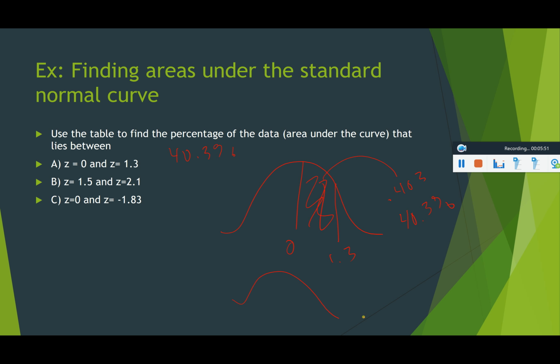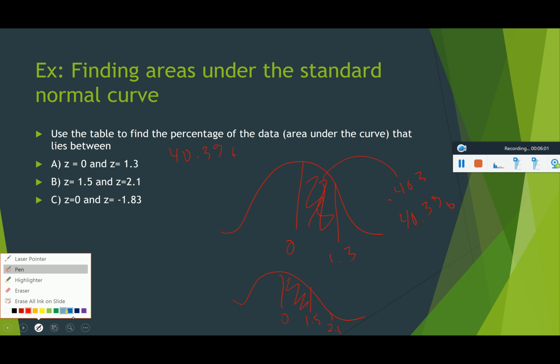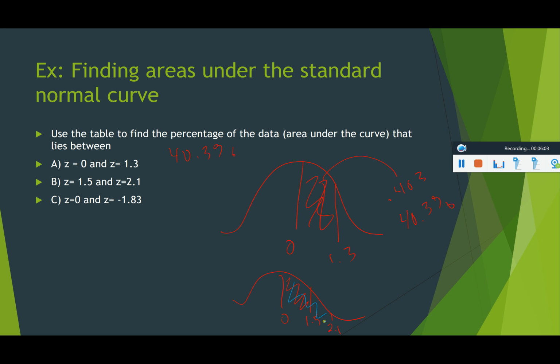All right, if you're looking for between 1.5 and 2.1, well, from here to here is 1.5, and from here to here is 2.1. So if you want just this area, you would have to take the area of the z-score of 2.1 and the z-score of 1.5, and what you want is the leftover, so you would have to subtract them.